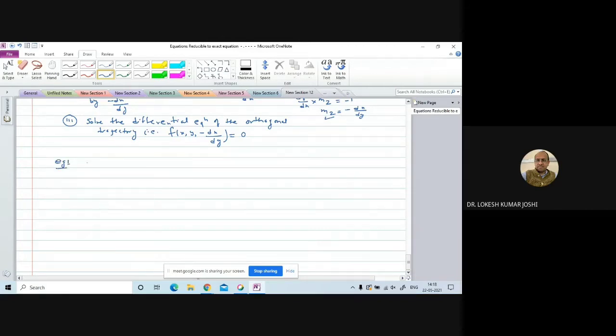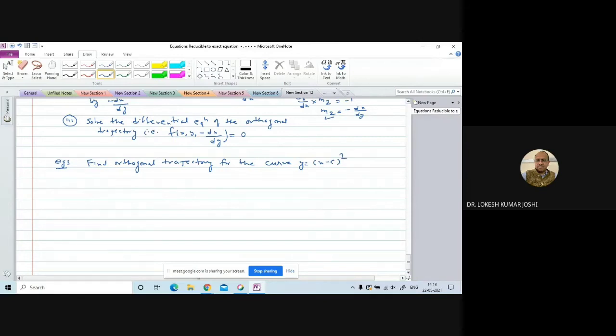The question is, find the orthogonal trajectory for the curve y = (x - c)^2.